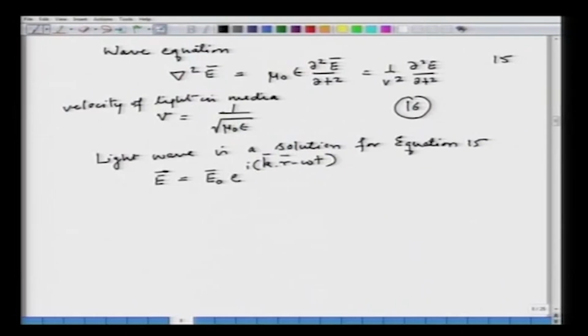Once again we have another k vector here, which I am representing by this form k, the wave vector for the light wave. In this course you would have seen that k is used many times.